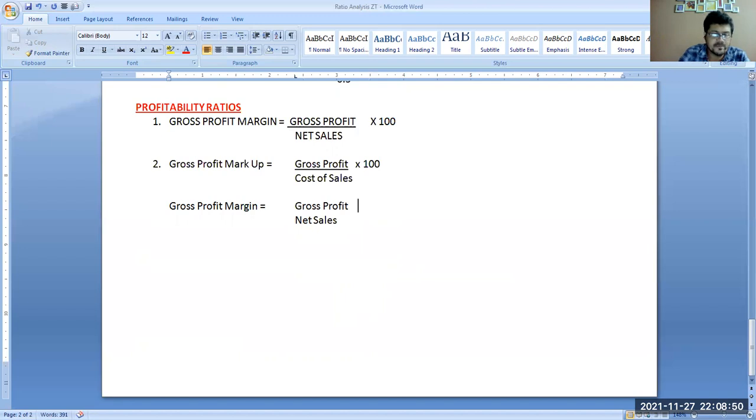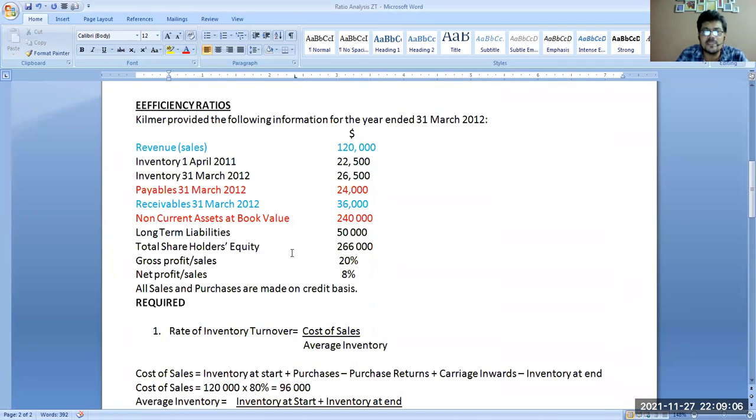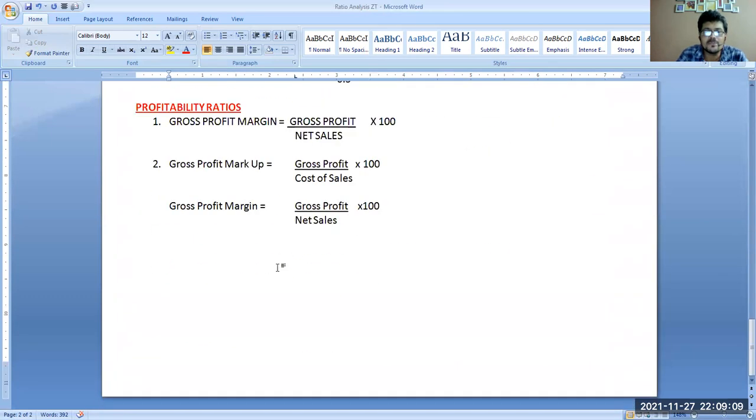This is the formula. It is not necessary every time that you are asked to calculate gross profit margin. In this question, gross profit margin is already given to you, and it is 20%.